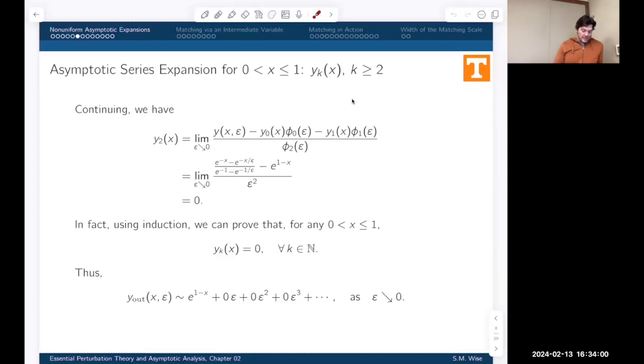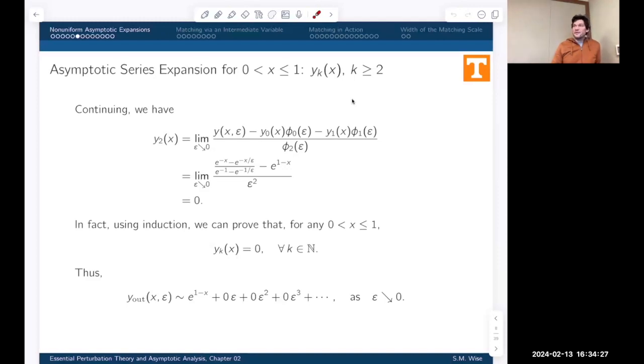So what we've shown then is that the thing we're calling the outer solution, that's the solution away from x equals 0, is just this. We have a y0 term, but y1, y2, y3, all higher coefficients in this asymptotic series expansion are 0.